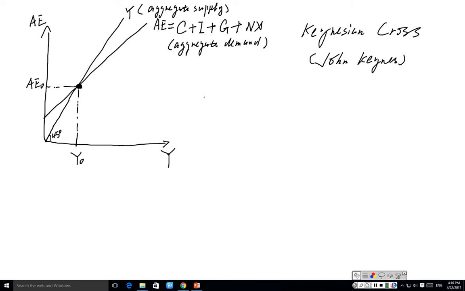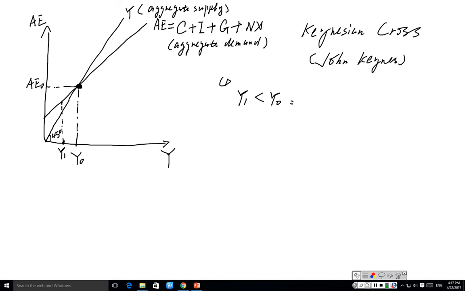And some of you may ask the question, if the GDP Y1 is smaller than Y0, what happens? First, we can show where Y1 is in the graph. If Y1 is smaller than Y0, Y1 will be on the left hand side of Y0. Let's draw a vertical line.